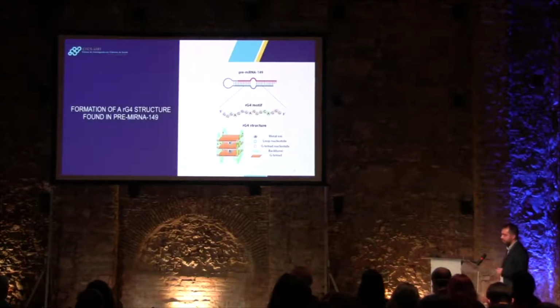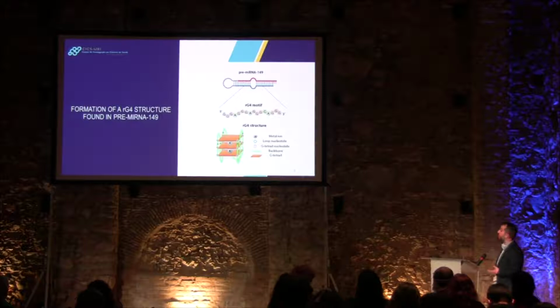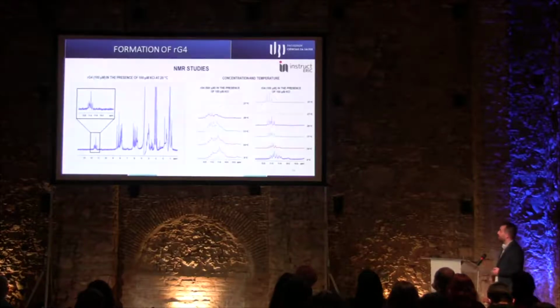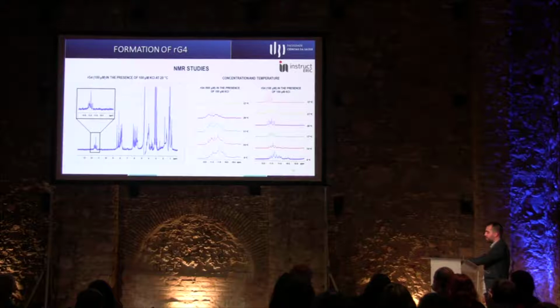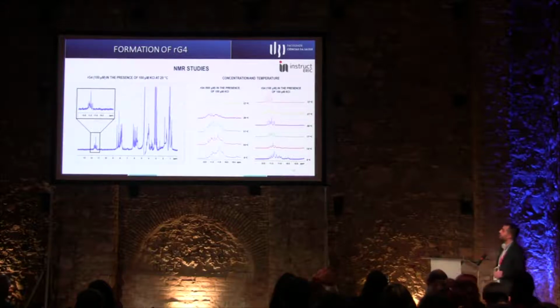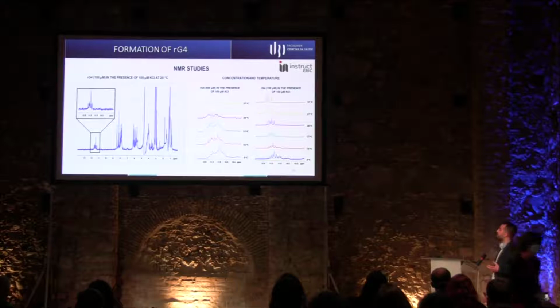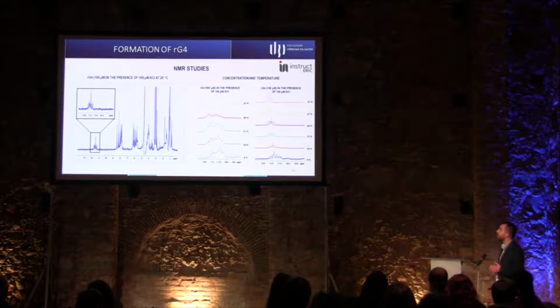Now I will share the results of the formation of the G-plex in the presence of potassium. As a first approach to characterize the formation of the G-plex, we take advantage of NMR spectroscopy, which gives important information about the G-plex imino pattern.